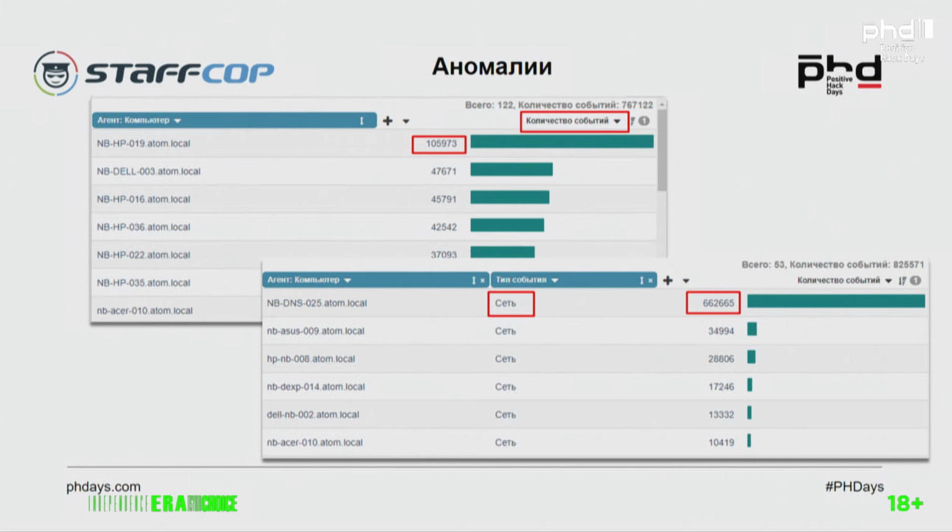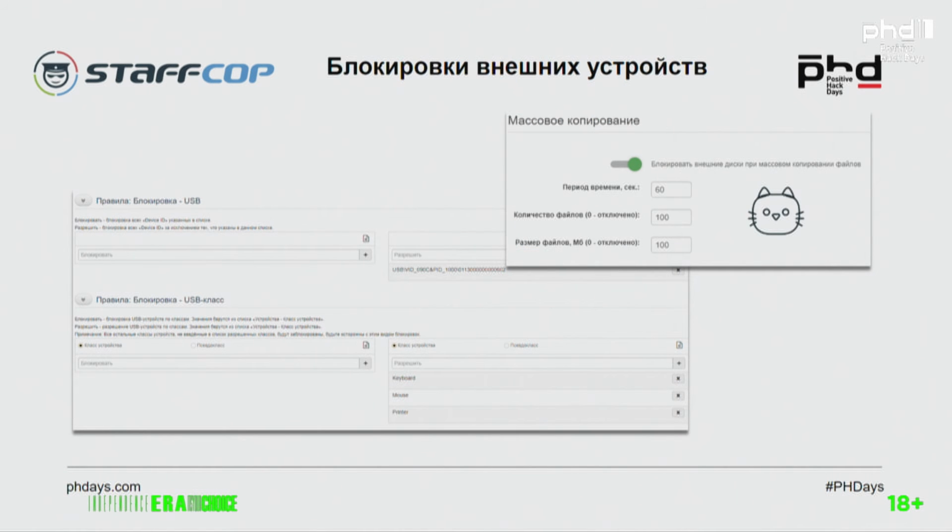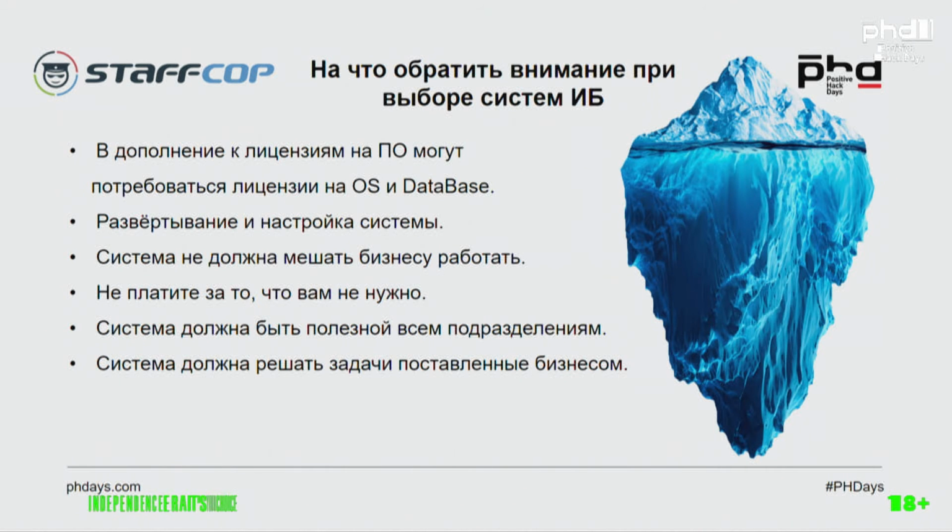It was not discovered by the firewall, and only by anomalous behavior we discovered it. Blocking external devices, blacklists, whitelists, total blocking, or if during a certain time you copied more than a certain amount of megabytes, everything could be blocked. What else has to be taken care of?